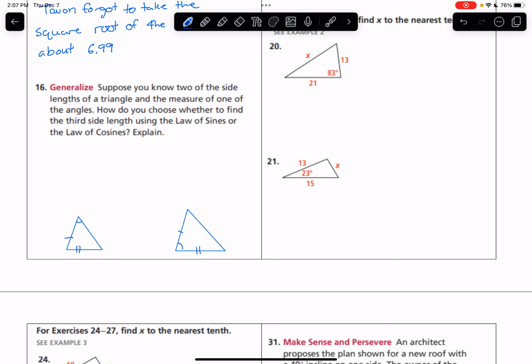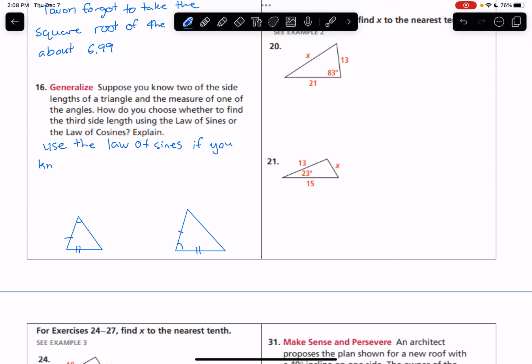If I know an angle side pair, if I know an angle and the length of the opposite side, I want to use the law of sines. But if I don't, the law of cosines is going to include all the information that I need. So use the law of sines if you know a side opposite a known angle.